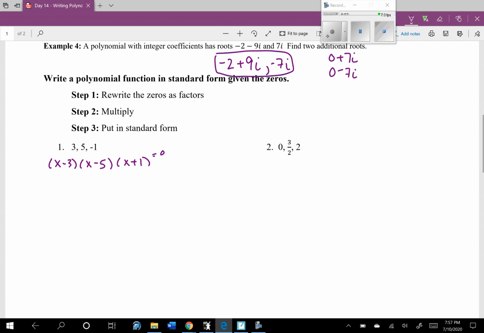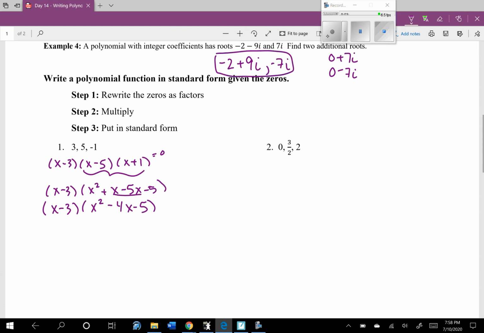So if I want to put this in standard form to write the polynomial, that means I need to FOIL this out. So I'll go ahead and FOIL these terms first. We have x minus 3 in front, and that is x squared plus x minus 5x minus 5, and then we combine like terms, so x minus 3 times x squared minus 4x minus 5.